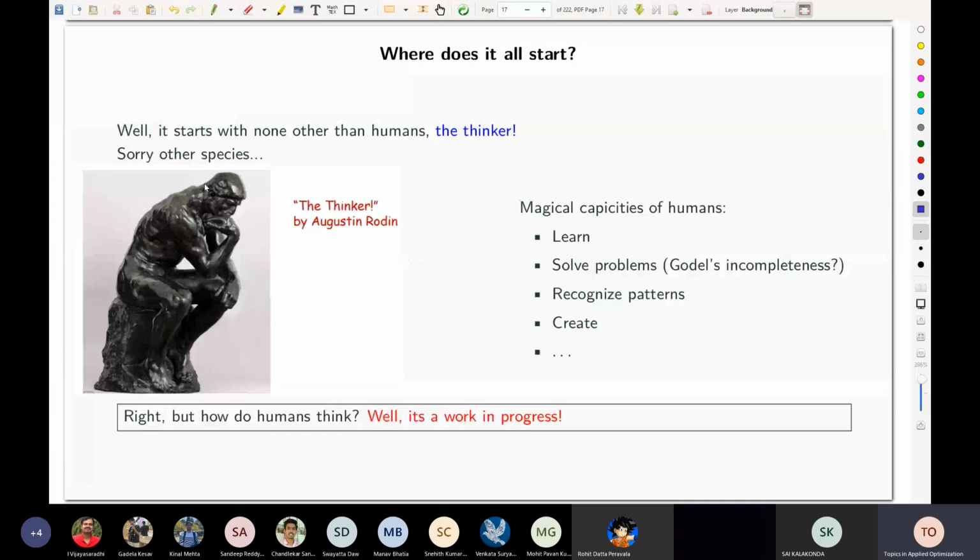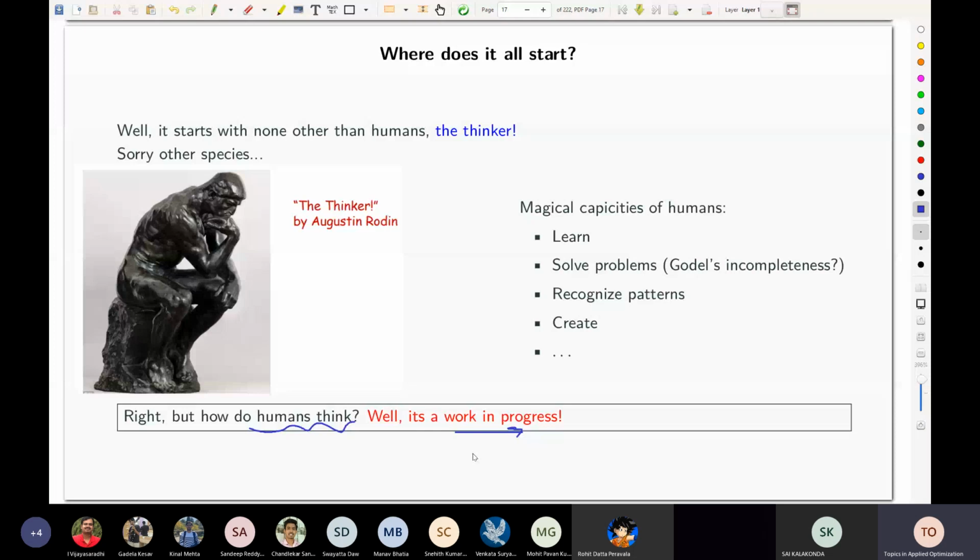But how do humans think? It's not something that we know exactly right now. It's still a work in progress, how exactly we think. How things get processed in our brain is a subject of research. There are still some leads, but we don't know it with full clarity.